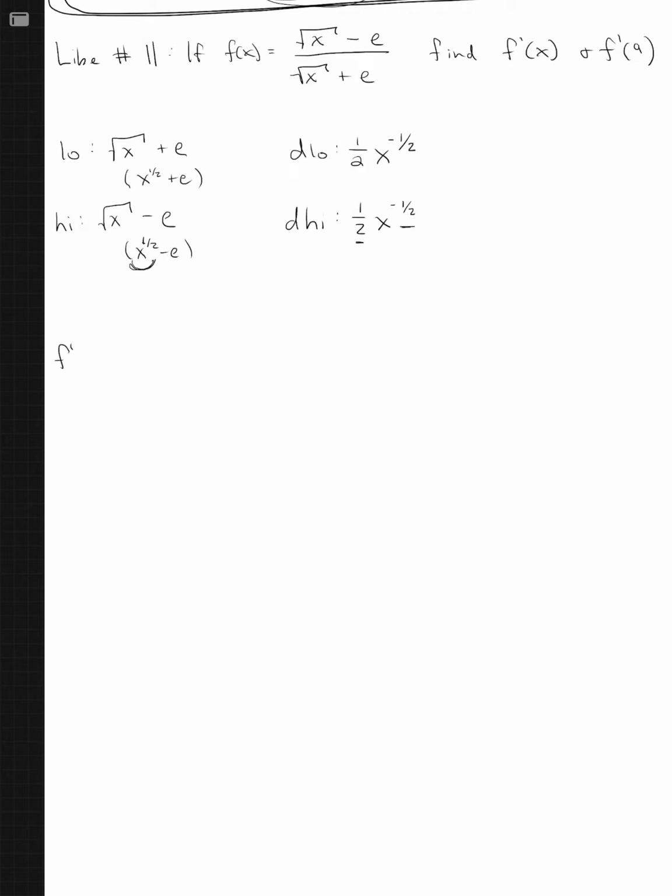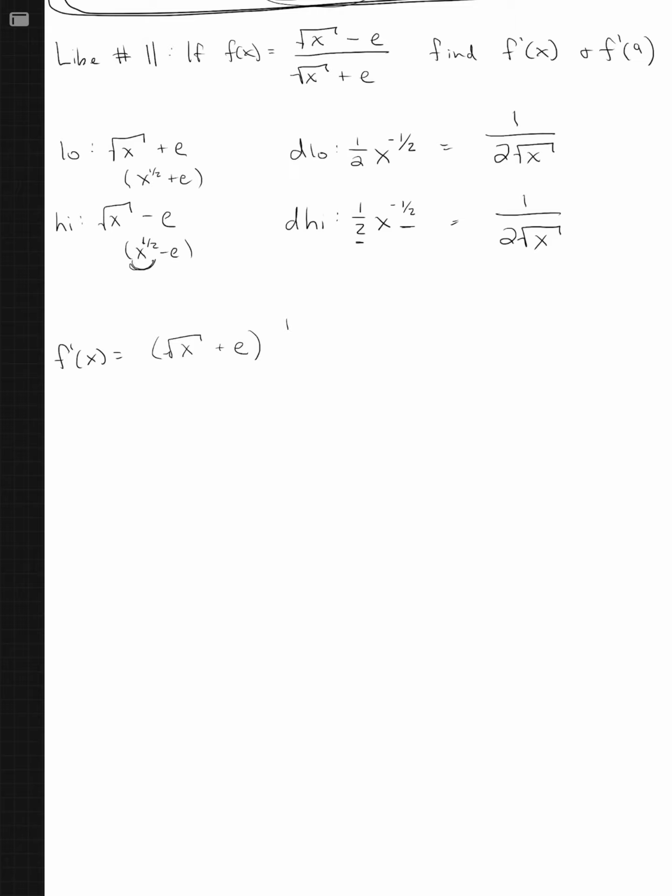Right? So f prime of x is equal to low d high, right? And I'm actually going to go ahead and write this as 1/2 times the square root of x, because I think it'll be helpful in simplifying.